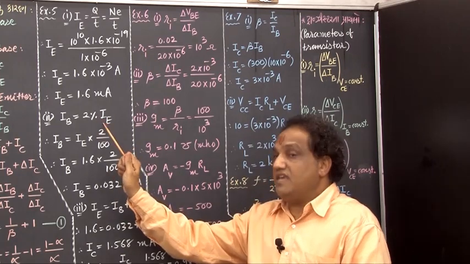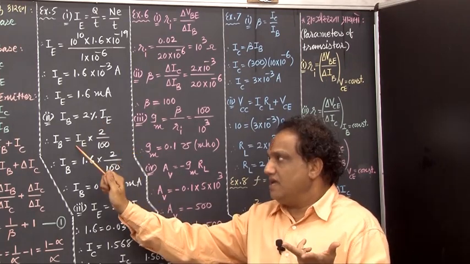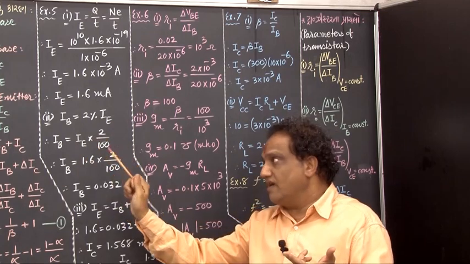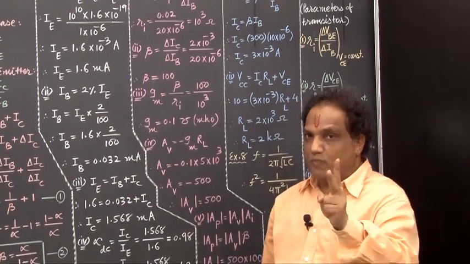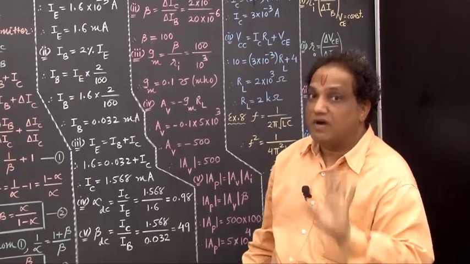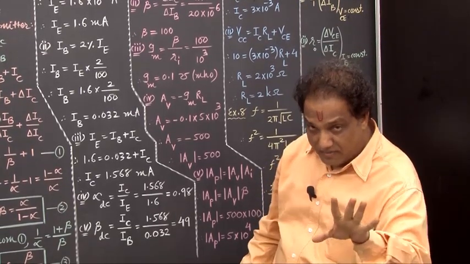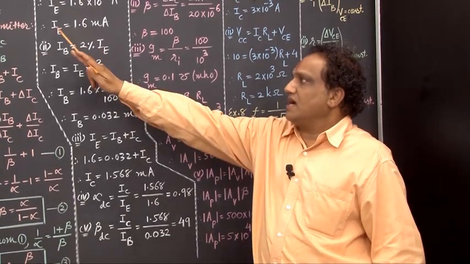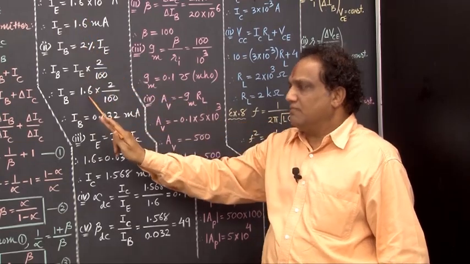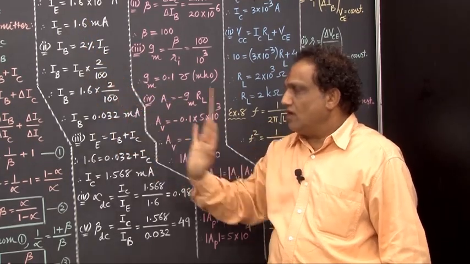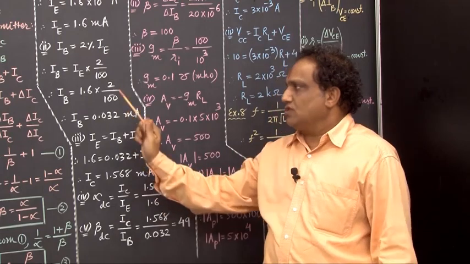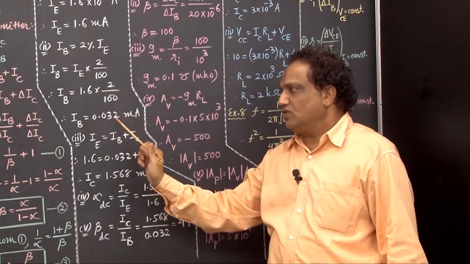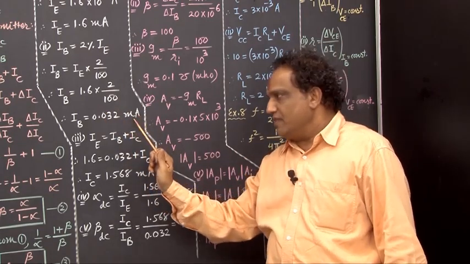Now 2% of IE, how will you find out? IE into 2 divided by 100. When you want to find 2%, multiply by 2, divide by 100. Fine. This IE is how much? 1.6 milliampere into 2 upon 100. And now simplify, the answer is 0.032 milliampere.